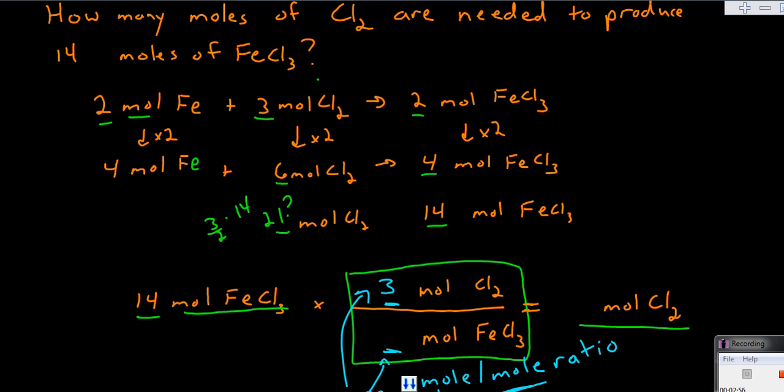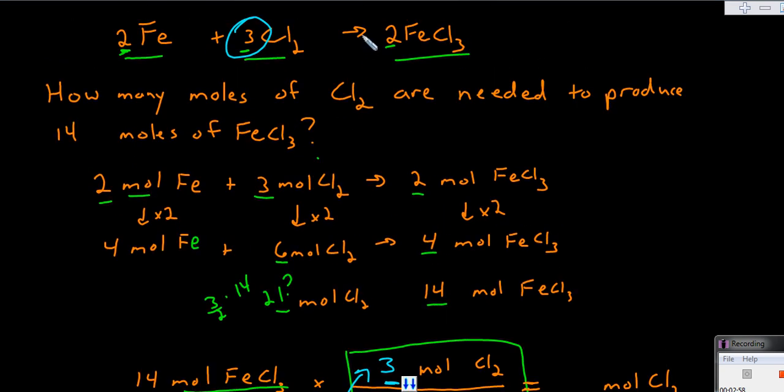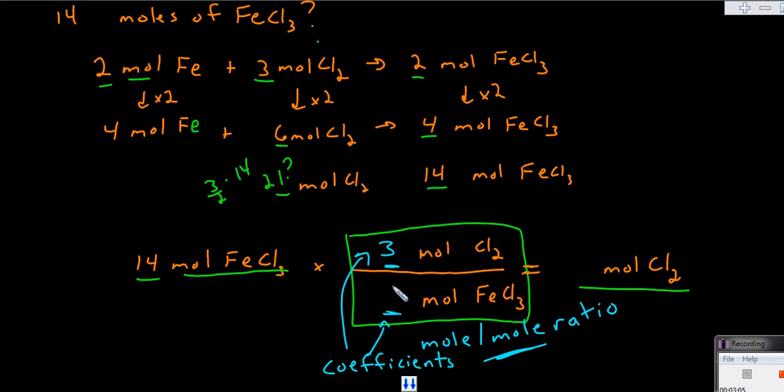And there is a 2 in front of iron(III) chloride, and hence we'll be putting a 2 in front of moles of iron(III) chloride in this mole-mole ratio. You see, we are multiplying 14 by 3 over 2 to find 21 moles of chlorine are required.